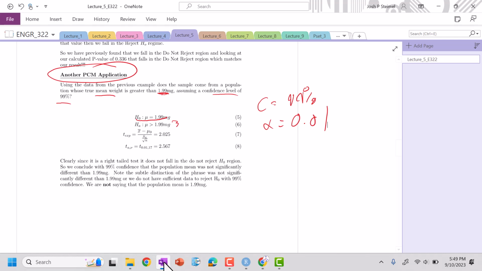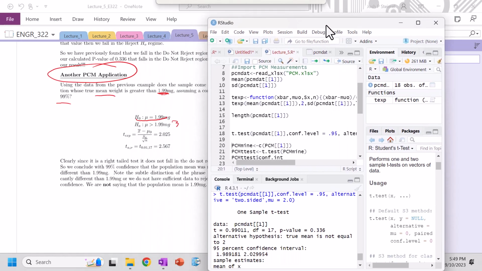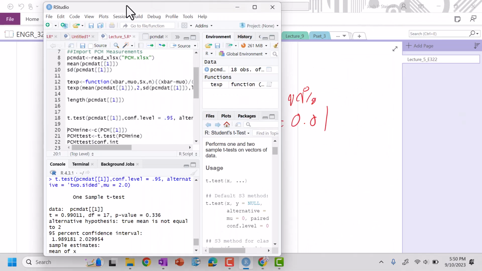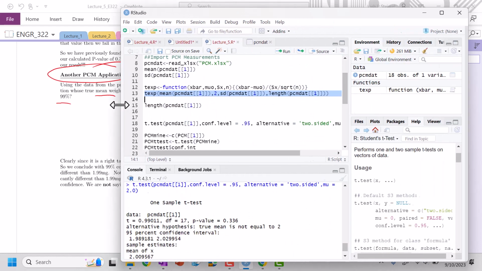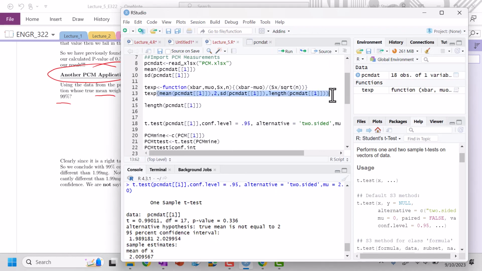All right, let's calculate our values here, something very similar to before. Let's build this out a bit.